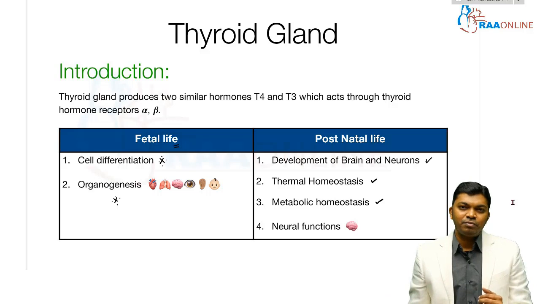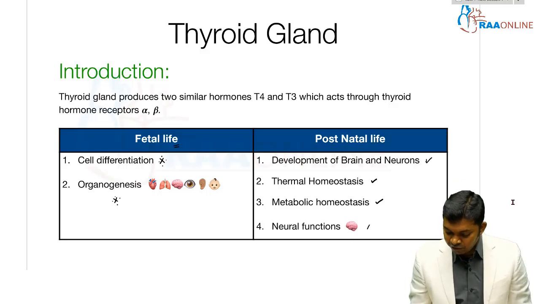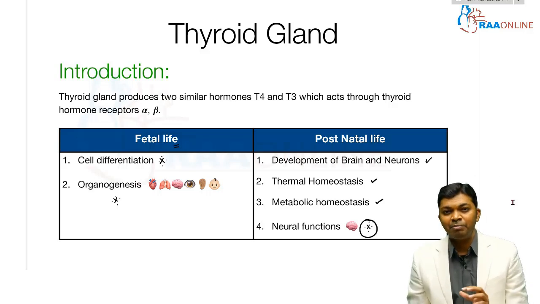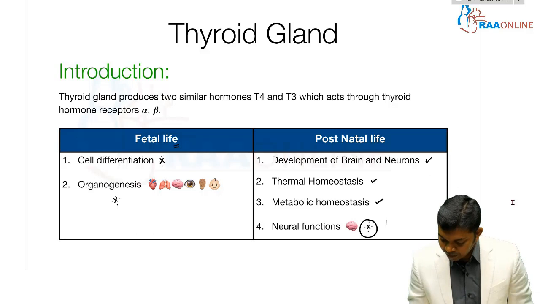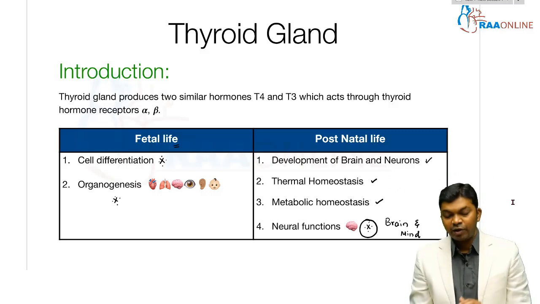So apart from development of brain, development of central nervous system, neurons, thermal homeostasis, metabolic homeostasis, thyroid hormones are very critical in promoting neural functions. It is not just the development of brain, it is also the functions of brain and mind. Please remember, this includes functions of brain as well as mind. Both are influenced to a huge degree by thyroid hormones, doctors.